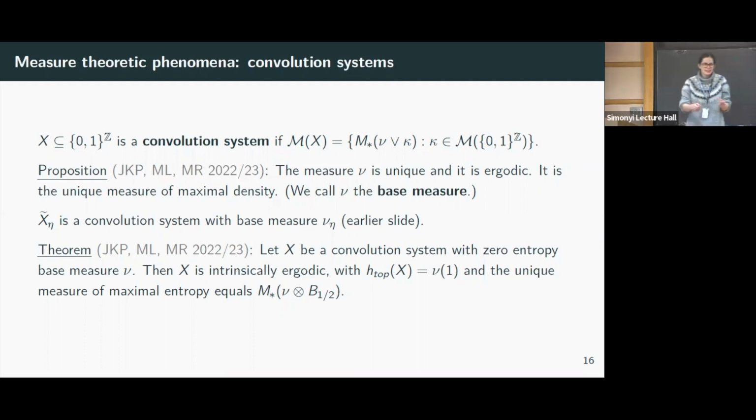This is somehow in the reverse order to what happened with the results on B-free systems, because first we had intrinsic ergodicity for square-free systems, and we started to investigate, and at the end we decided we know what the structure of invariant measures is. But actually, the core here is the structure of invariant measures, and this gives you the intrinsic ergodicity. Well, you have to work, but it follows from the structure of invariant measures.